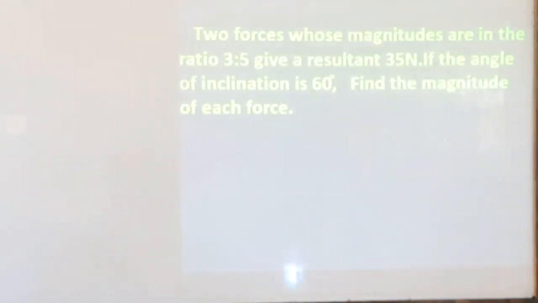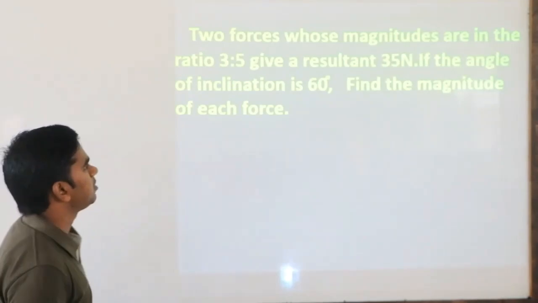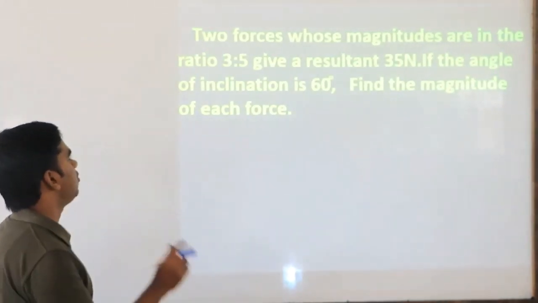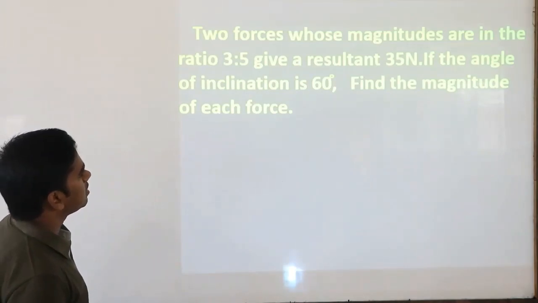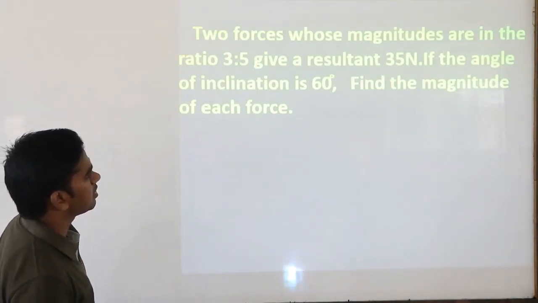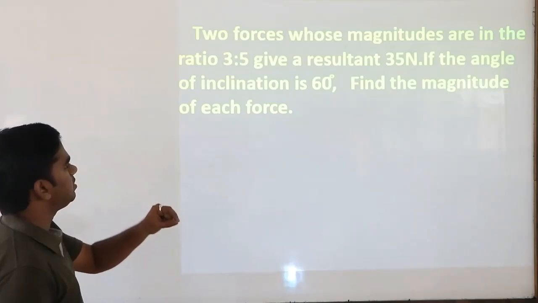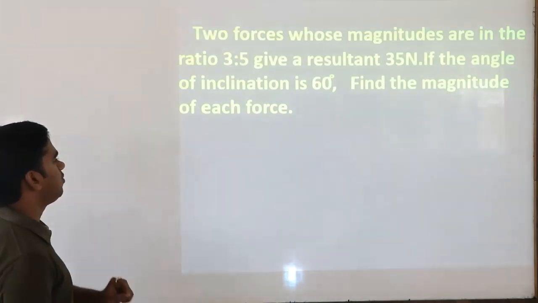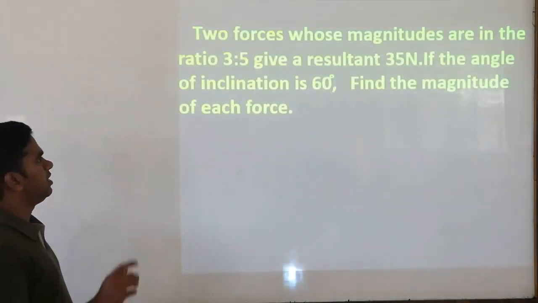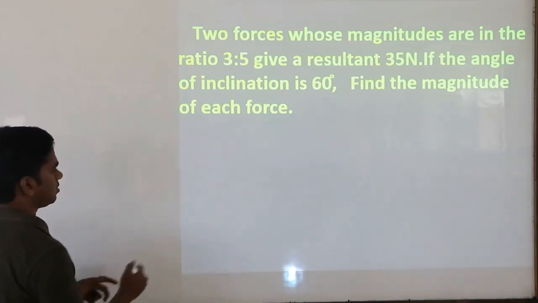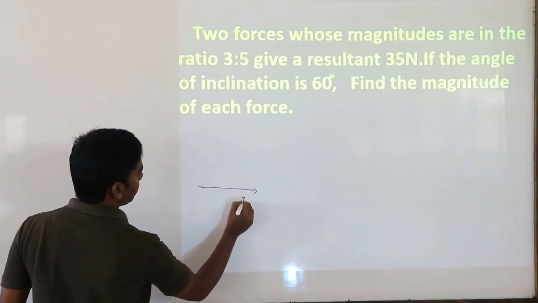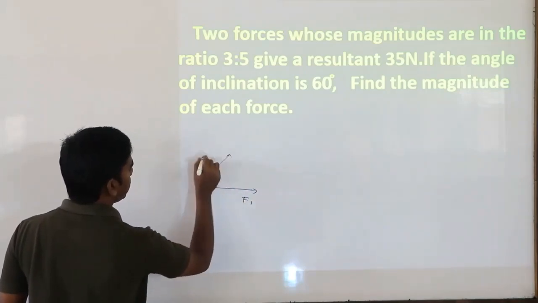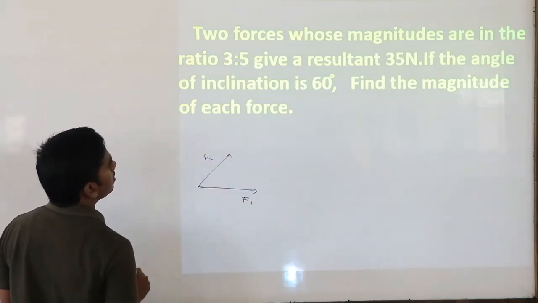So first question: two forces whose magnitudes are in the ratio of 3:5 give a resultant of 35 Newton. If the angle of inclination is 60 degrees, find the magnitude of each force. What they are saying is there are two forces, say F1 and F2.